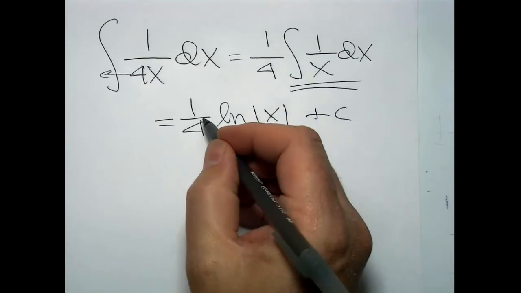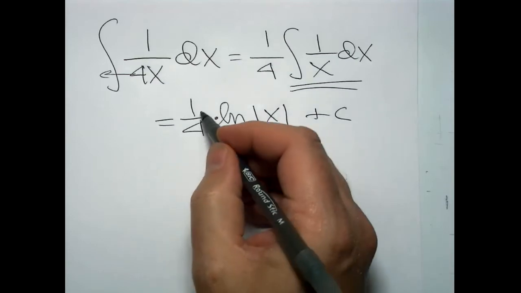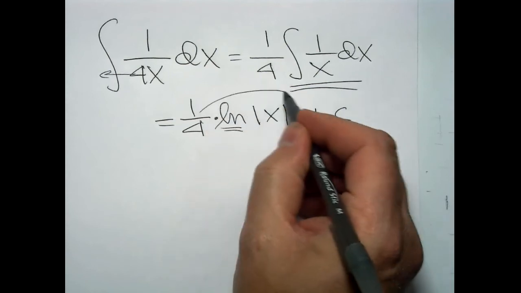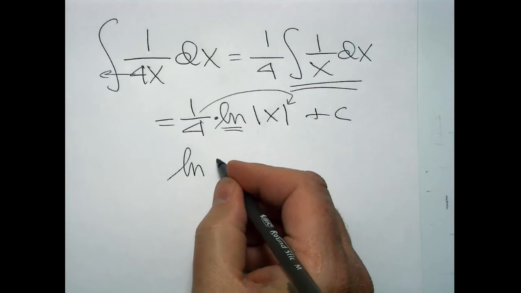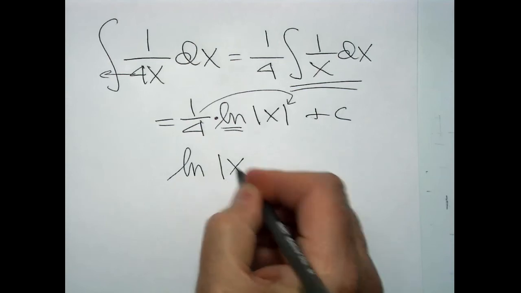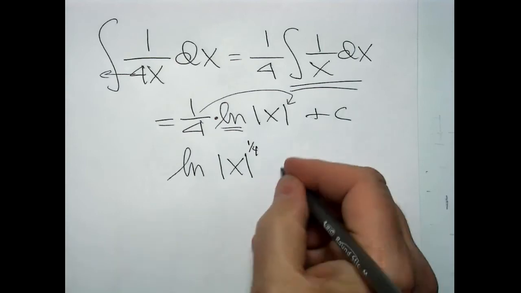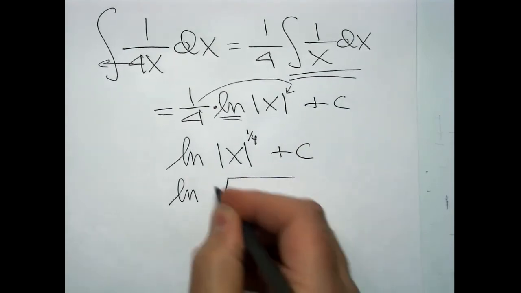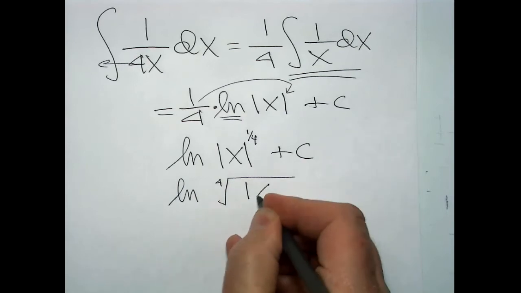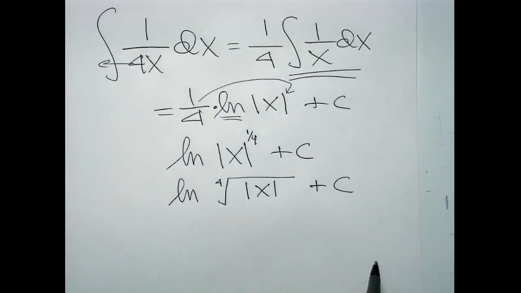And in fact, because it's a logarithm, and logarithms have all these special properties, we very well could, if we wanted to, pop this up as an exponent. So it would become the natural log of the absolute value of x to the 1/4 power plus a constant. Or the natural log of the 4th root of the absolute value of x plus a constant. All valid answers.